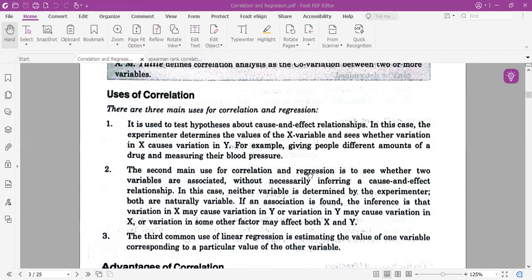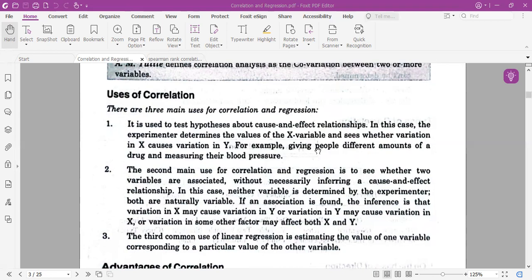And the main use of correlation and regression is to see whether two variables are associated without necessarily inferring a cause and effect relationship. That means we are trying to find out, is there any association between two or more variables. Now, if an association is found, the inference is that the variation in X may cause the variation in Y. For example, you have income and expenditure.